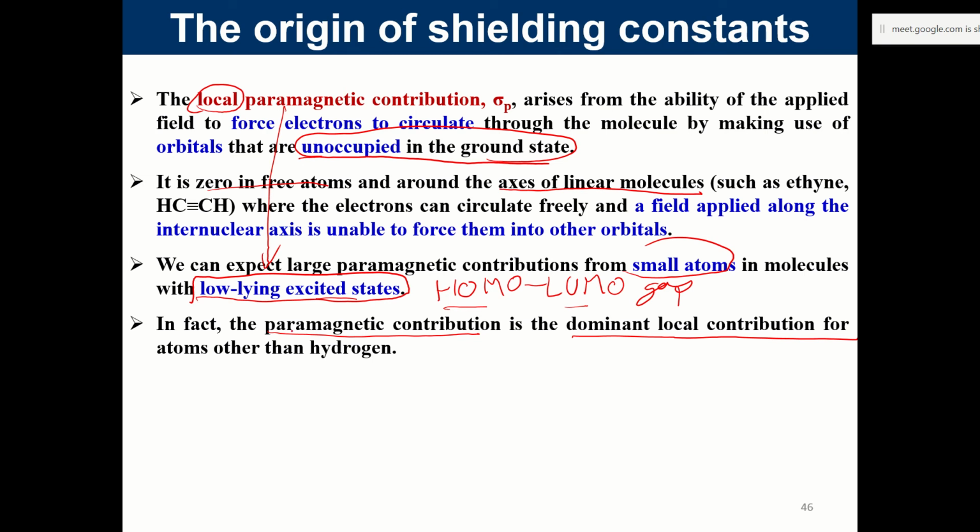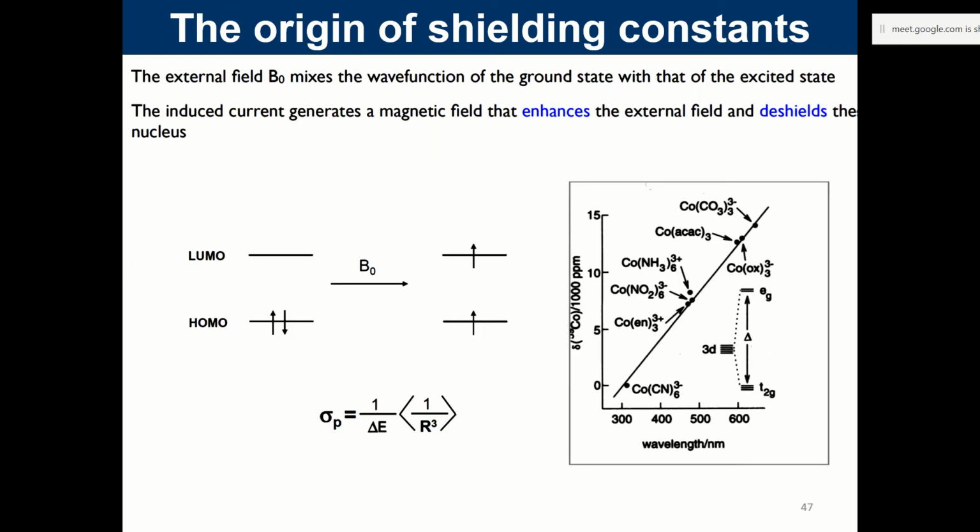And in fact the paramagnetic contribution is, for atoms other than hydrogen, you have this kind of dominance, particularly in cobalt. We'll talk about this. So what happens here is that you have a HOMO-LUMO gap.